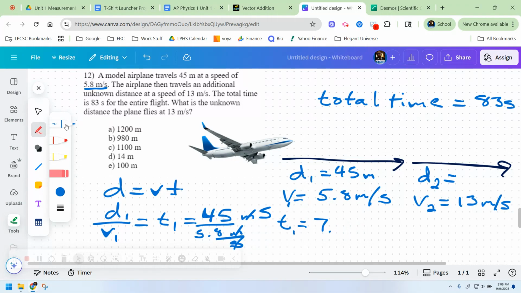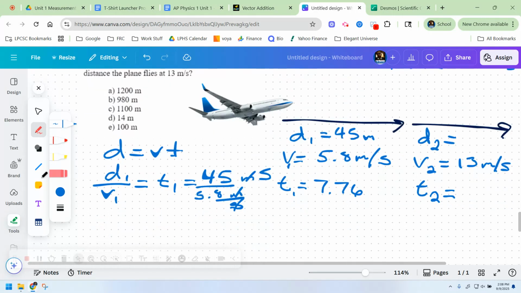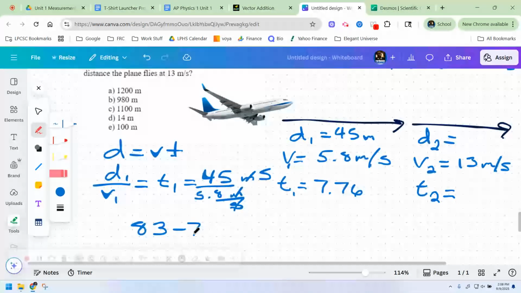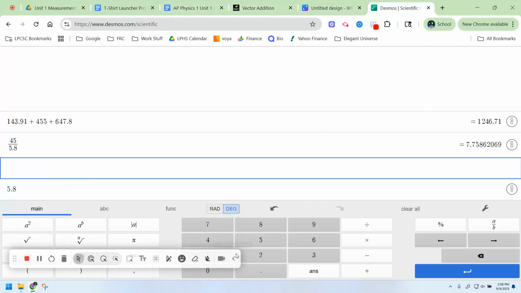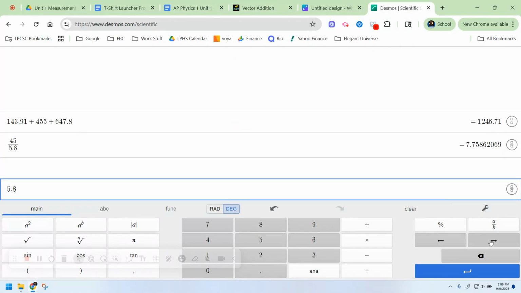Okay. 7.76 seconds. So then that tells me the remaining time. So how do I find the remaining time? Well, I'm just going to say 83 seconds minus the 7.76 seconds. So let's do that.